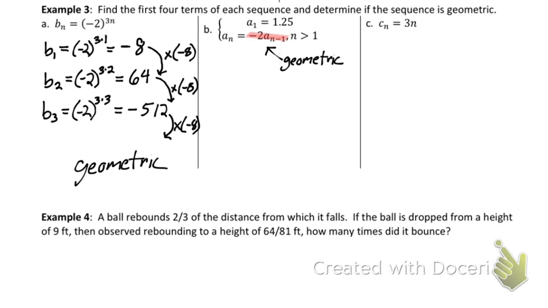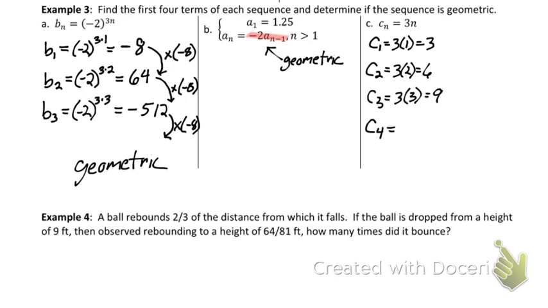Okay, and our very last one, I have c sub n equals 3n, so I'll do c sub 1 equals 3 times 1, which equals 3. C sub 2 equals 3 times 2, which equals 6. C sub 3 equals 3 times 3, which equals 9. And finally, c sub 4 equals 3 times 4, which equals 12.